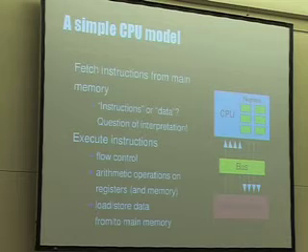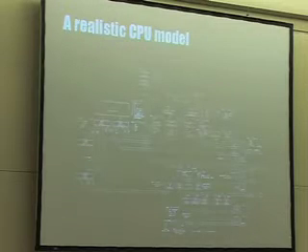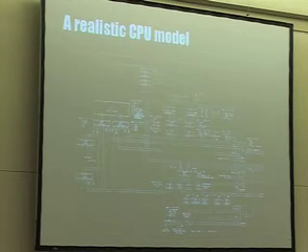Well, but actually, of course, this is pretty simple. I didn't tell you the whole truth. In reality, it's quite a bit more complicated, and that's the PDP-11 from 1971. You don't need to know all about that, but that's a more realistic CPU model.